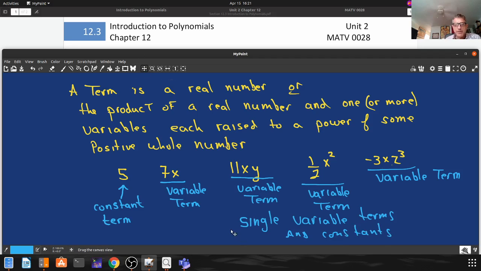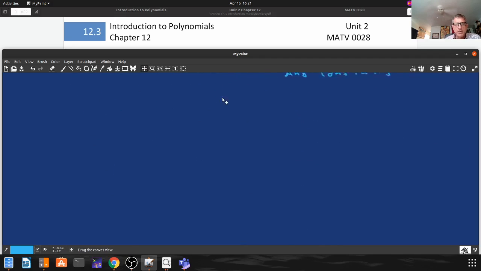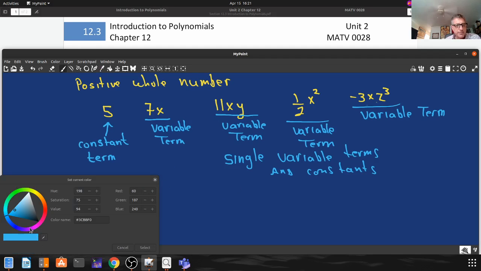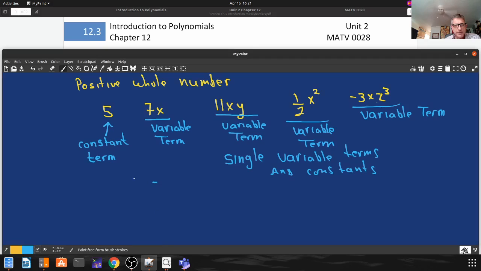So let's define a polynomial. Well, let me give you an example before I go on of something which is not a term. 7 divided by x is not a variable term. Why?